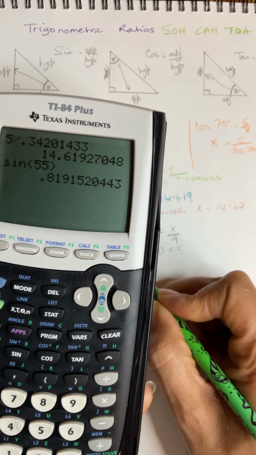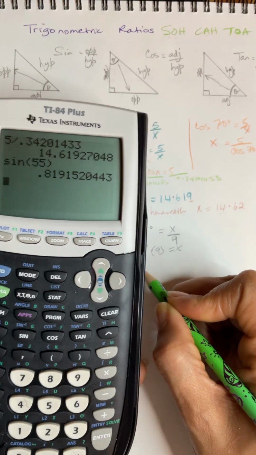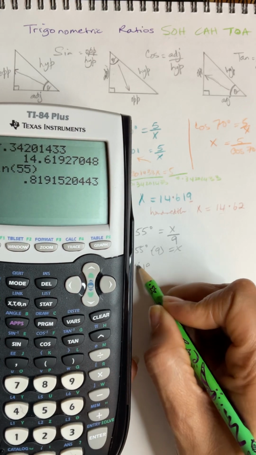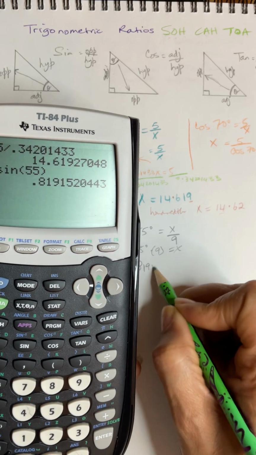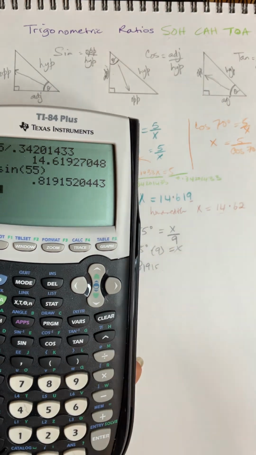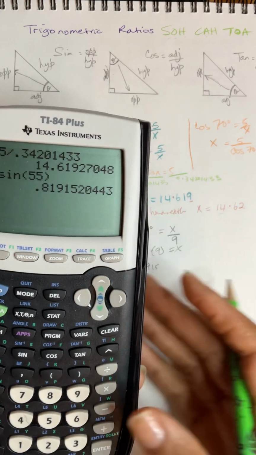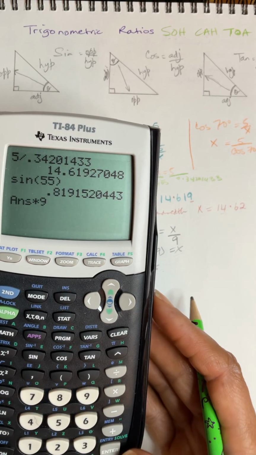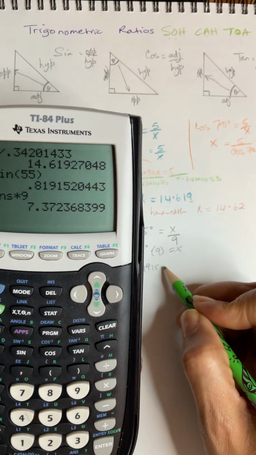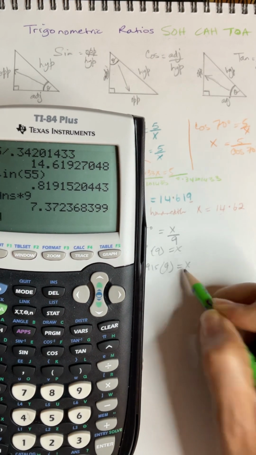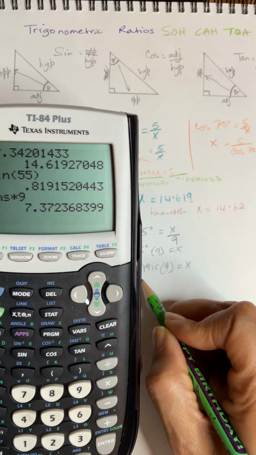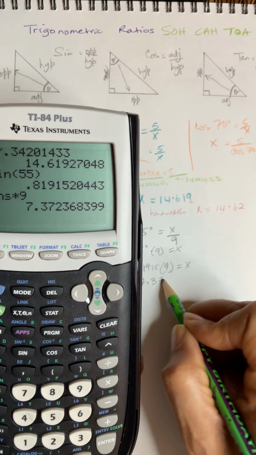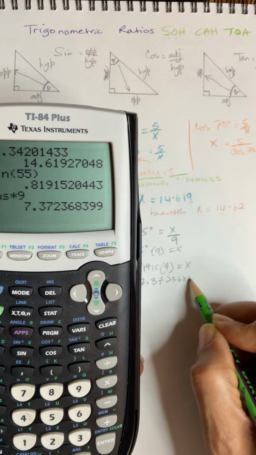You're going to get 0.819152, and all those numbers. But easily said, you just simply multiply that by 9. Don't change anything, don't rewrite anything, and you're going to end up with the value x equals 7.372368399.